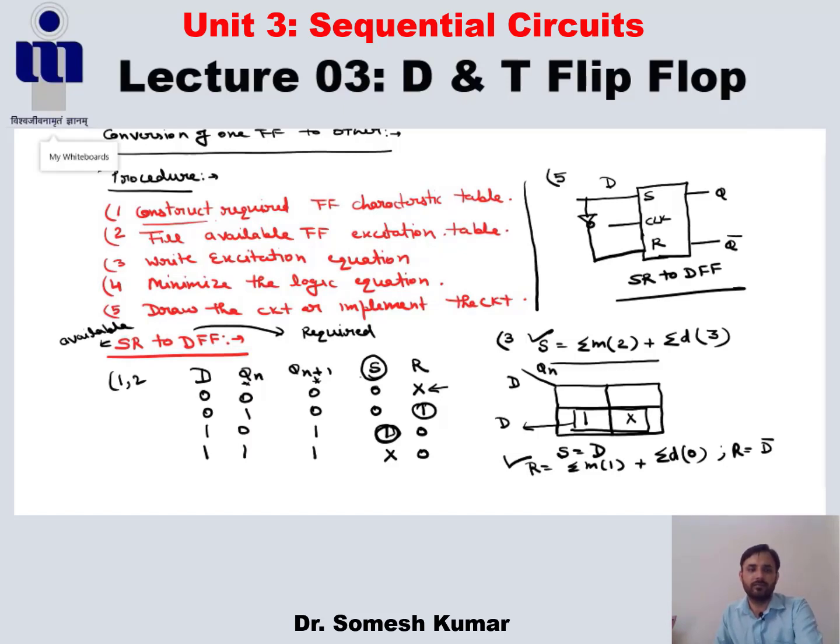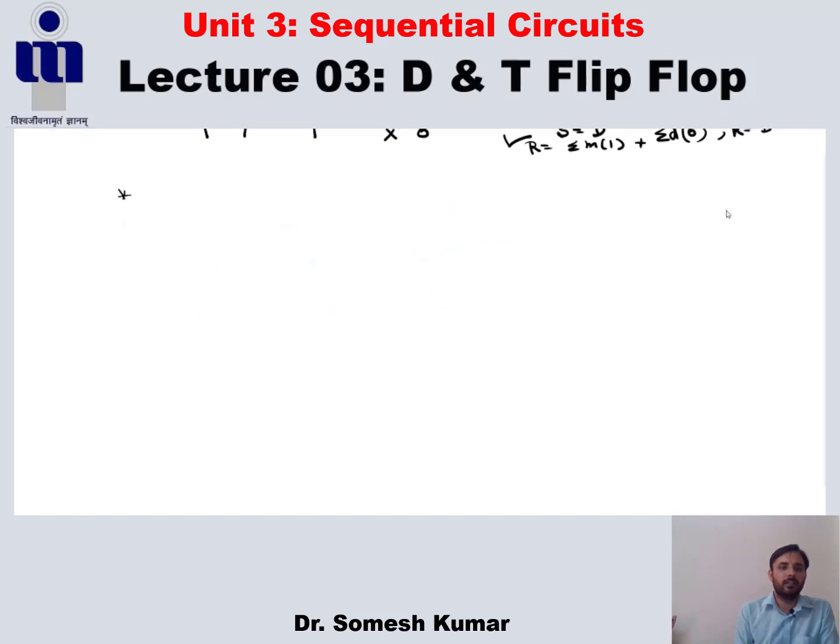Similarly, if we want to design JK to D flip-flop, I am writing directly the final equation: J equal to D and K equal to D bar. Now suppose we want to design JK to T flip-flop, then J equal to K equal to T. We already studied this.